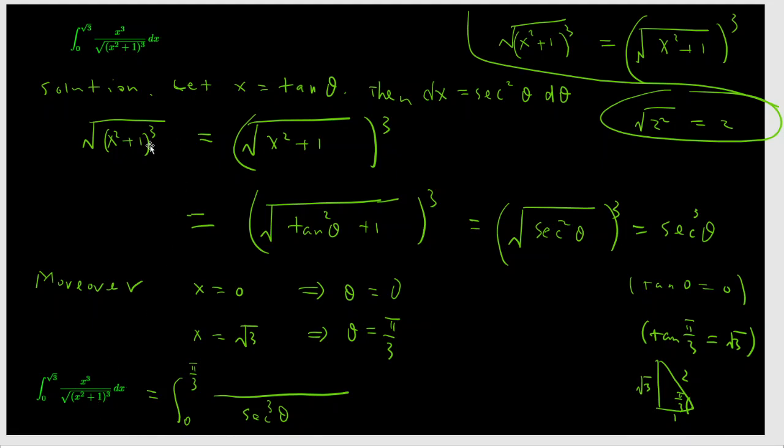We computed the denominator, right? And the dx now becomes secant of theta, the whole thing squared. So do not forget d theta. The only thing we have to include in here is x cubed. You replace x with tan of theta, and x cubed will be tan of theta, the whole thing cubed.